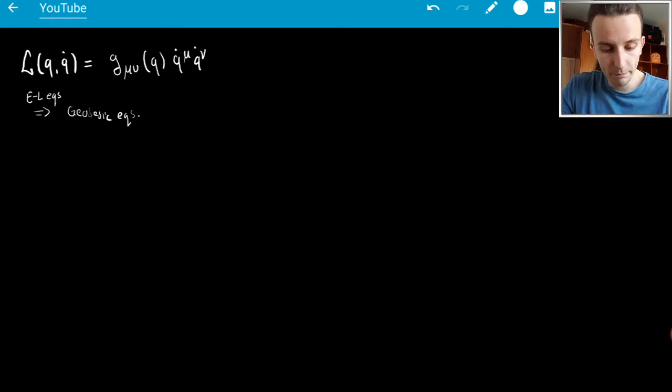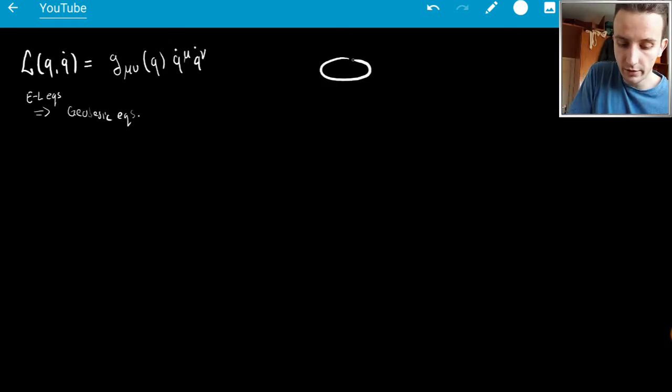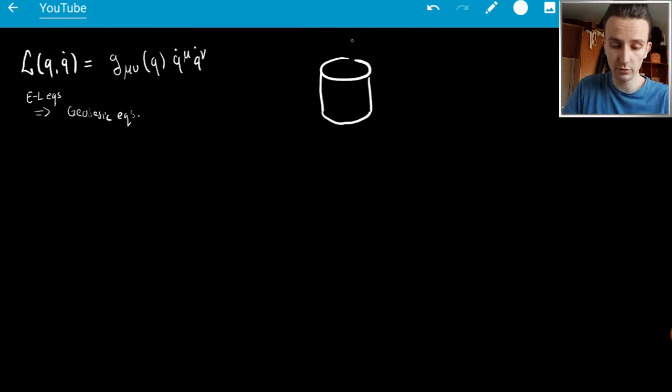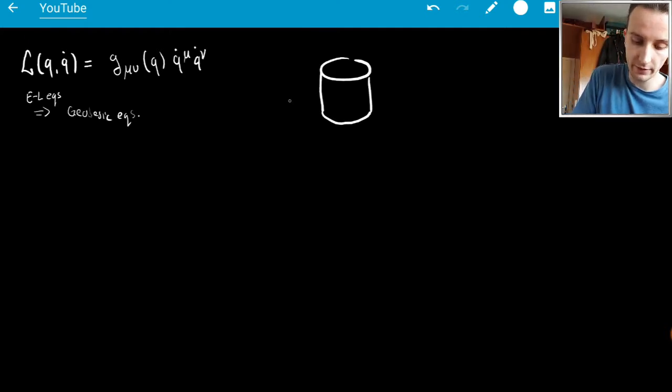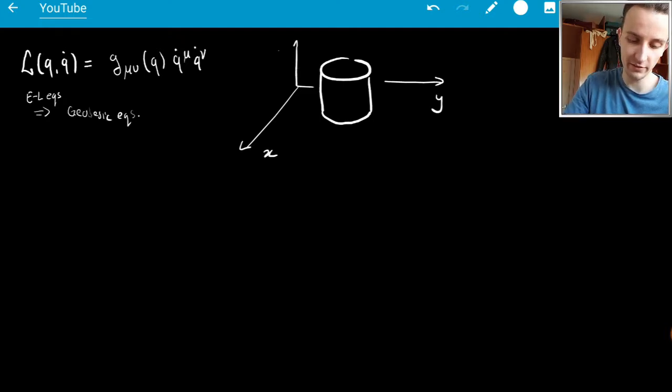Okay, so now I want to do it on a cylinder. We're going to be looking for geodesics on a cylinder. This is just space, no space-time. So we have x, y, and z, right?